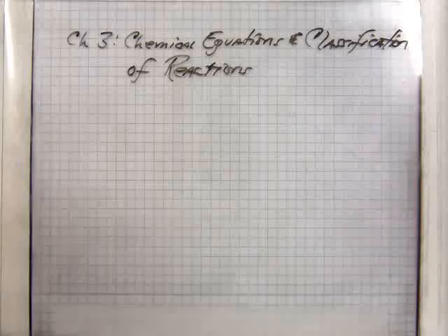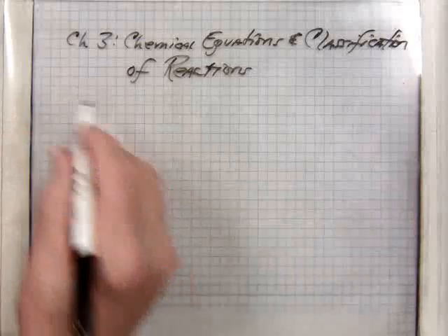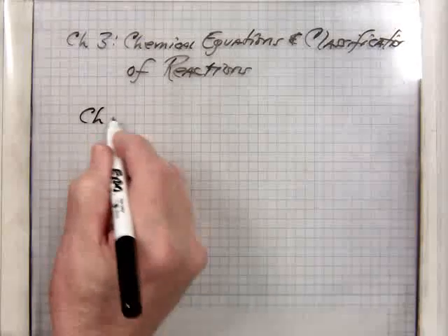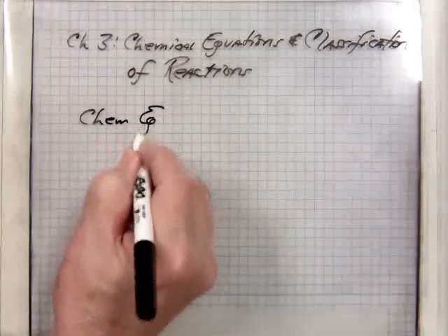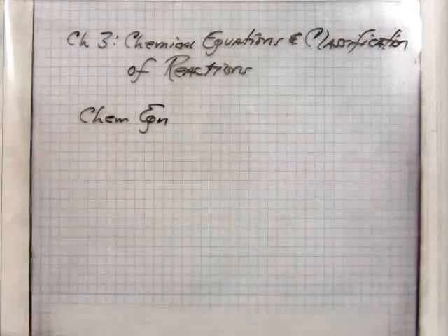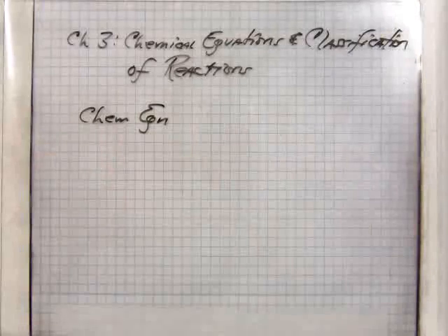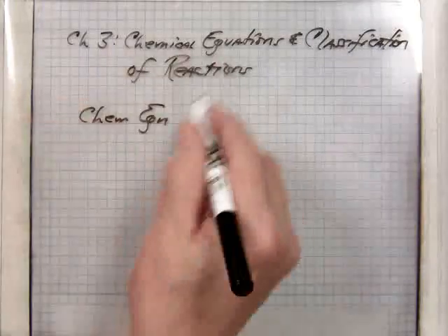As you know, the chemical equation is a shorthand method for defining chemical process or physical process.